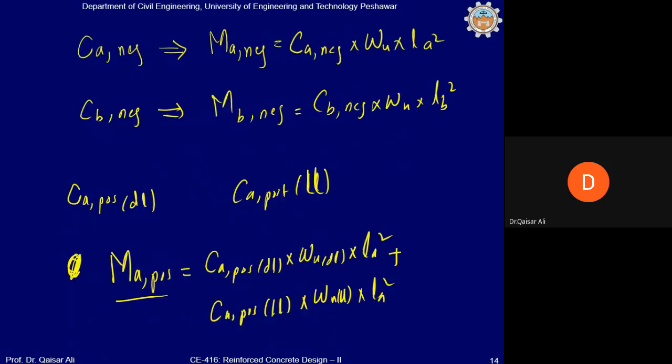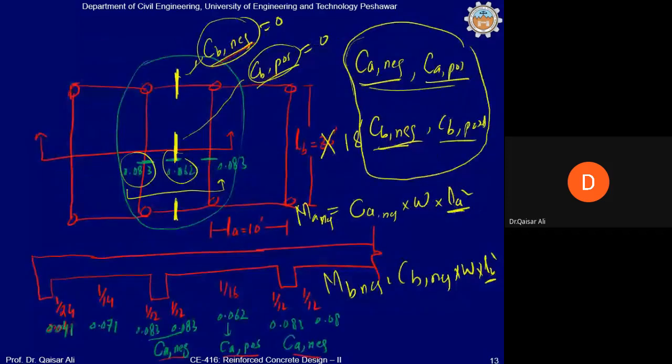So of course these coefficient values will depend on supporting condition, क्योंकि आपने one-way स्लैब सिस्टम में भी पढ़ा था, if you remember. देखिए यहाँ पर आपके पास 1/24 है. Why? Because it is exterior support. Supporting condition is different. For interior support it is 1/12. For exterior span it is 1/14, interior span 1/16. So these values will change with different boundary conditions.